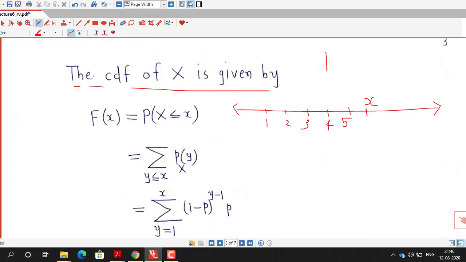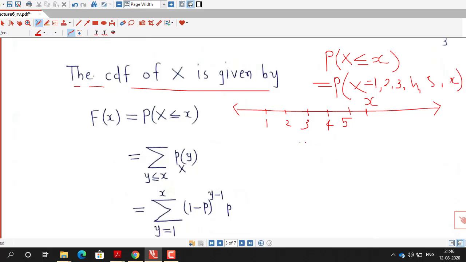then the probability that capital X is less than or equal to x will equal the probability that capital X equals 1 or 2 or 3, and so on up to x.